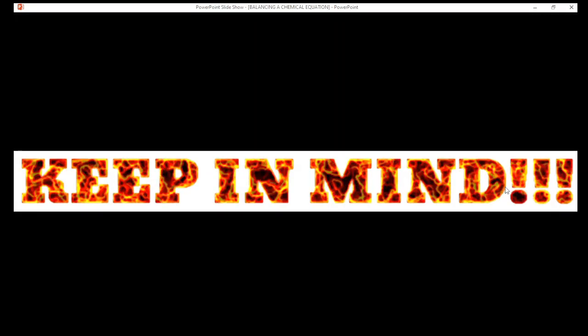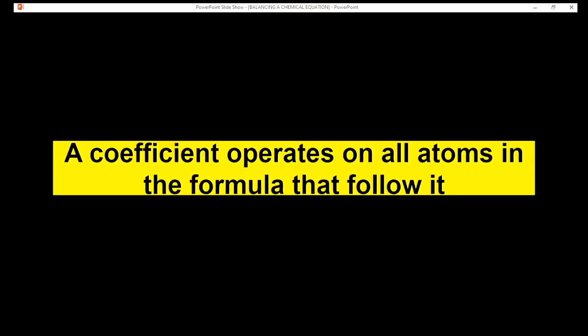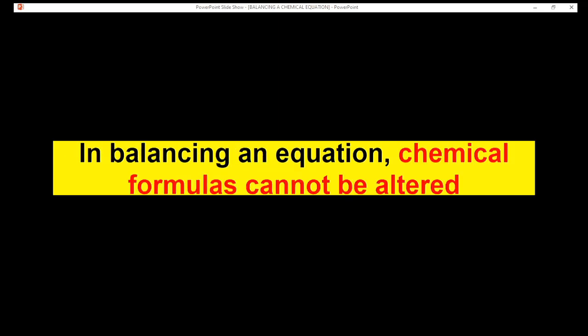Lastly, just a reminder to all of you: remember, a coefficient operates on all atoms in the formula that follow it. Second, whenever we are trying to balance an equation, please do not ever alter the chemical formulas.